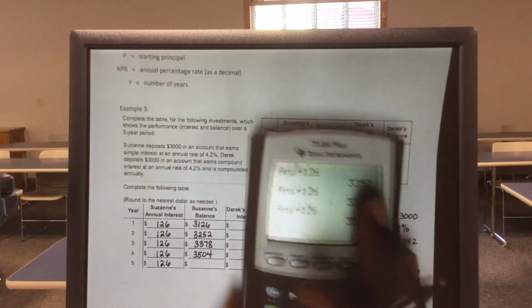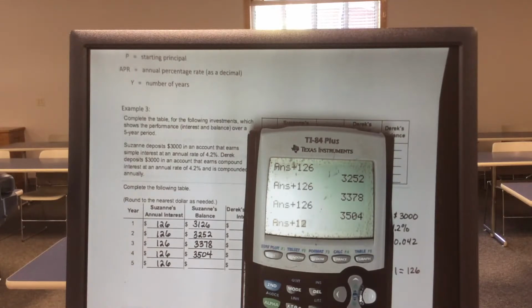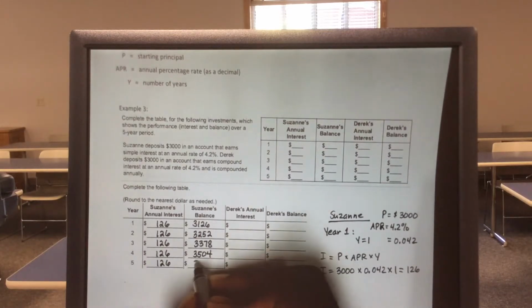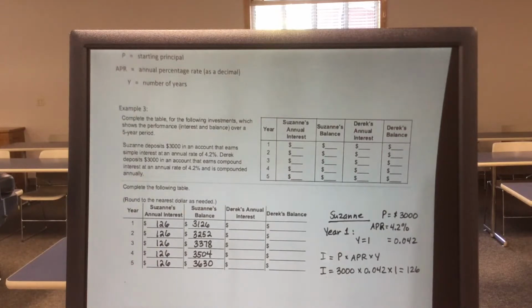And then finally, after the fifth year, we'll add another 126. That'll be $3,630. So after the fifth year, Suzanne has $3,630 in her account.